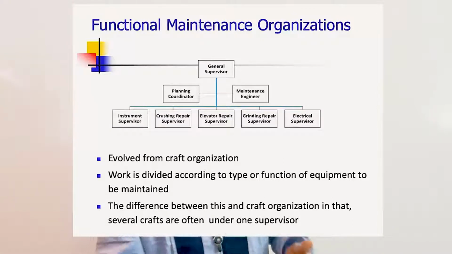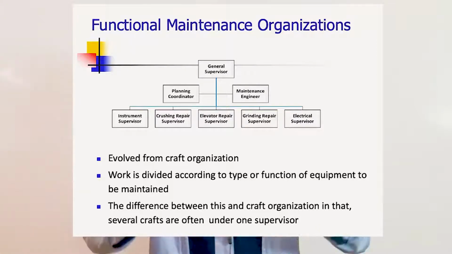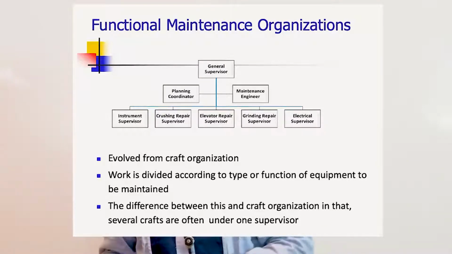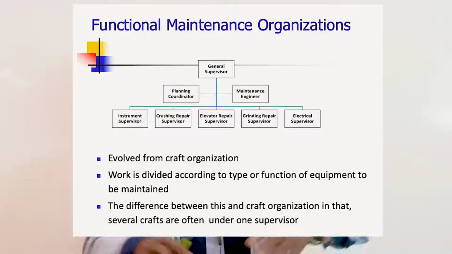So we don't have an electrical guy supervising only electrical, a mechanical guy supervising only mechanical. We have a single supervisor supervising electrical, mechanical, and whatever, in which case we may want to call him a technical supervisor. An advantage is that it helps the supervisor to become multi-skilled, as his skills cut across different tasks. Since he is required to know to some level to be able to effectively supervise them.